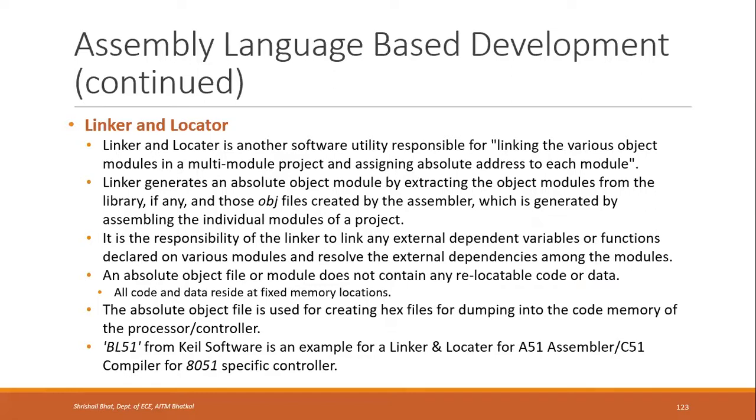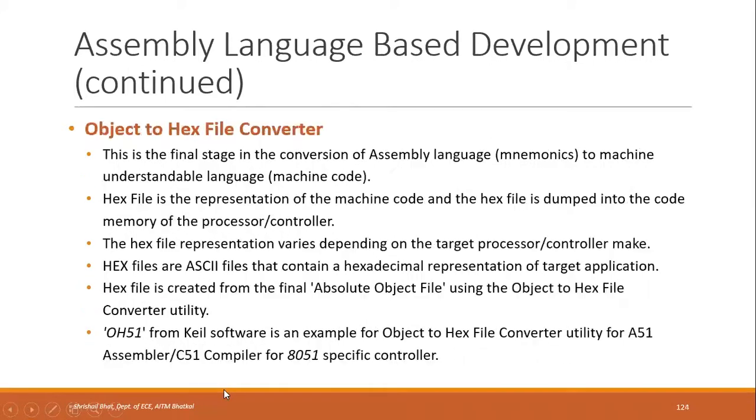All code and data reside at fixed memory locations. You cannot alter the locations. The absolute object file is used for creating hex files for dumping into the code memory of the processor or controller. From the absolute object file, we create hex files which are put into the code memory. Okay, so BL51 is one example of a linker and locator which is used for 8051.